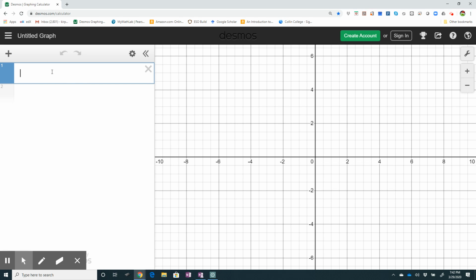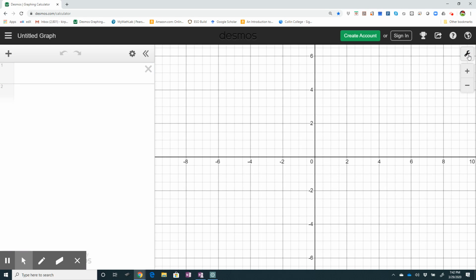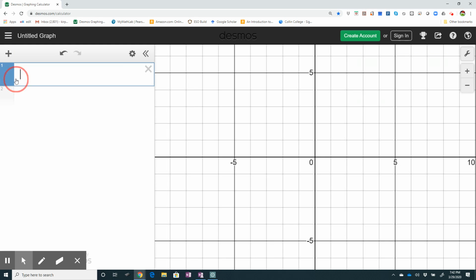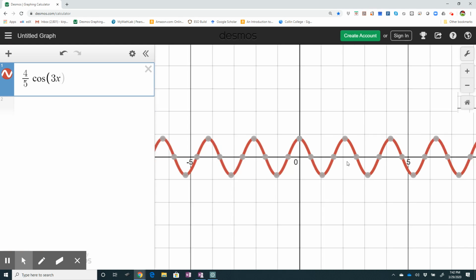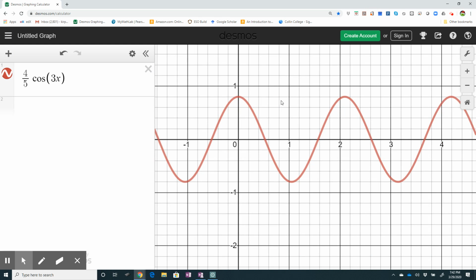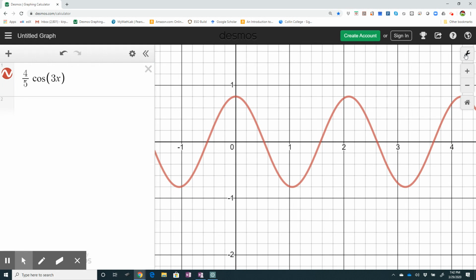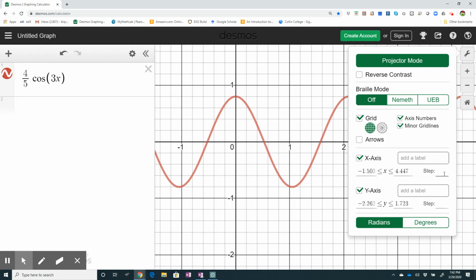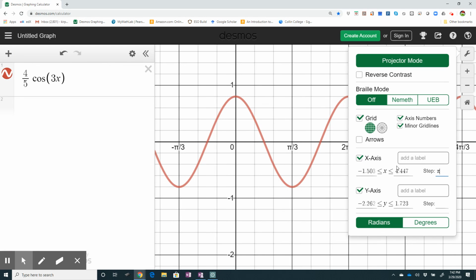and so I type in 4/5. Oh, let me get projector mode going. So 4/5 cosine 3x. So that was our graph. And to make it look even better, I can make the x-axis and put it in steps of pi.